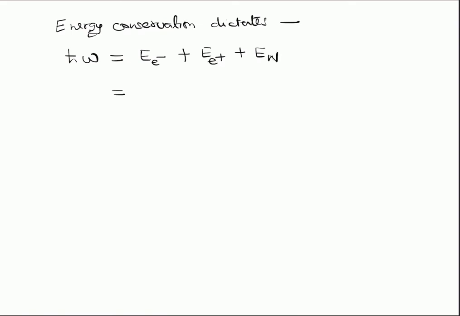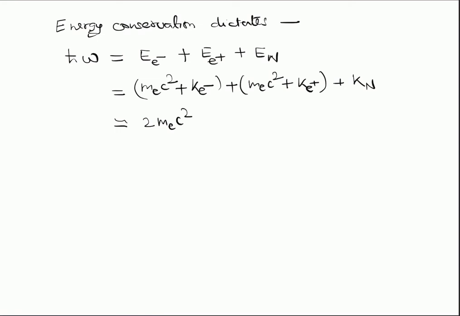The energy of the electron is made up of two parts: rest mass energy of the electron plus kinetic energy of the electron, plus similarly the energy of the positron is made up of two parts: rest mass energy of the positron plus kinetic energy of the positron, plus the energy of the nucleus, which is equal to the kinetic energy of the nucleus.